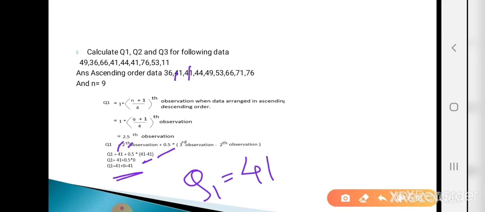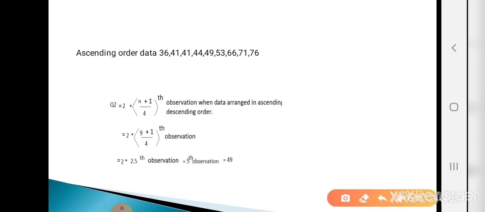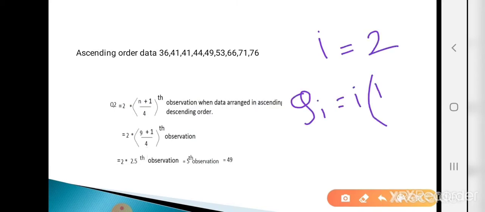So the Q1 value is 41 here. Now see how to calculate Q2. For finding the value of Q2, put i equal to 2 in the formula. What is the formula? Qi is equal to i times (n plus 1) divided by 4th observation. Now put i equal to 2: 2 times (n plus 1) divided by 4th observation.